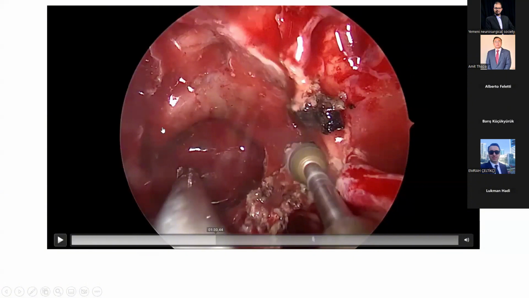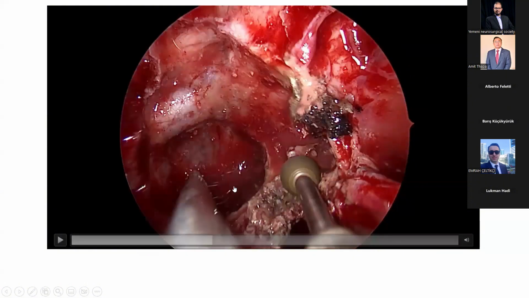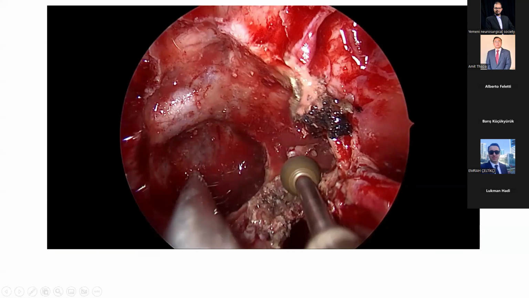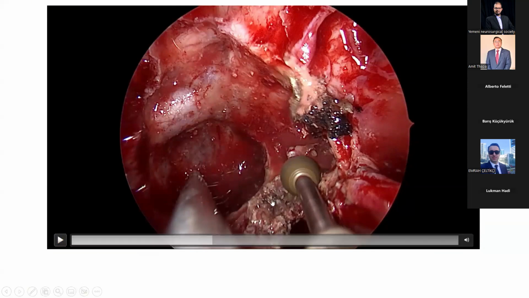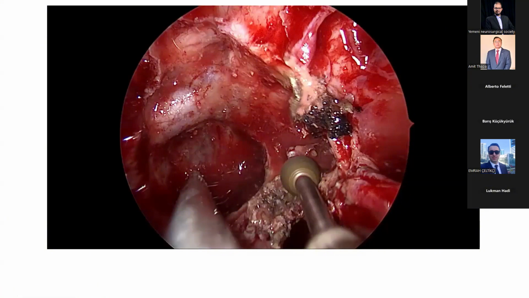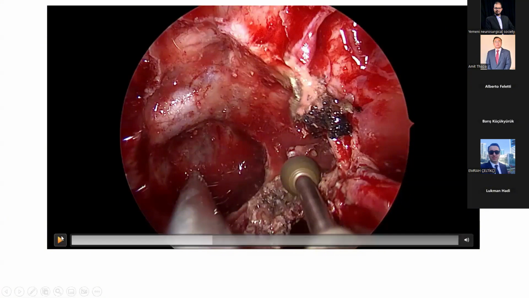So let's see, this is the sella, here is the clivus. When we remove this bone, in normal conditions we are expecting moderate pressure venous bleeding, because this part of the skull base is drained a little differently than the other parts of the brain.